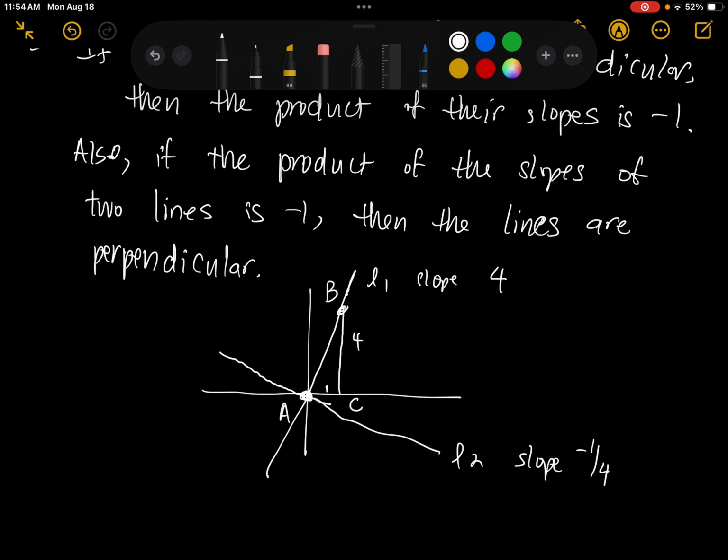Well, you know that if you take the triangle that's 4 to the right and down 1, you get this triangle like this. So let's call it D and E. So this length DE is 1, and then this length AD is 4.